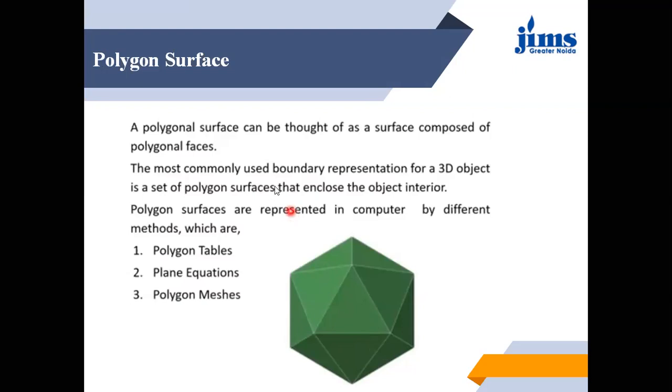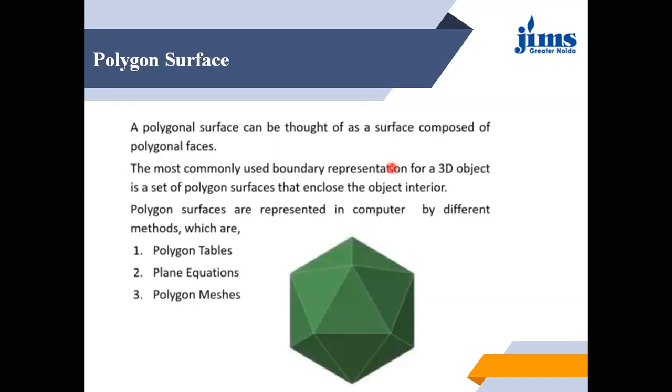So this object is composed of different polygon faces. The most commonly used boundary representation for a 3D object is a set of polygon surfaces that enclose the object interior. This is the way in which most objects are represented.